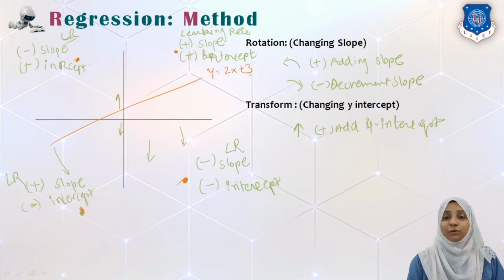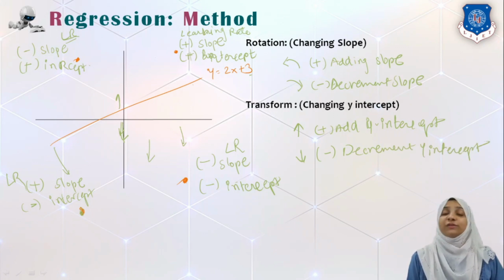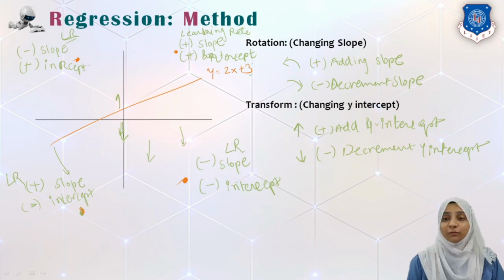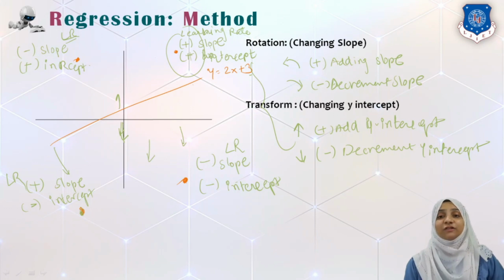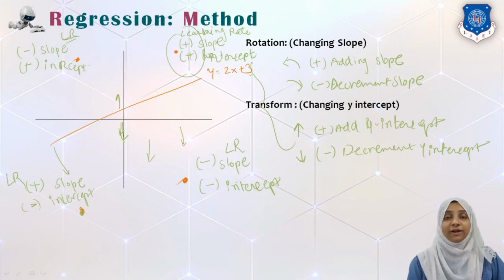And if we want to take this particular line down, that means moving the line towards the downside, we have to decrement y-intercept. So using only these four sets of rules, we have these four formulas. By the learning rate, slope is incremented and intercept is incremented. By the learning rate, slope is decremented and y-intercept is incremented.